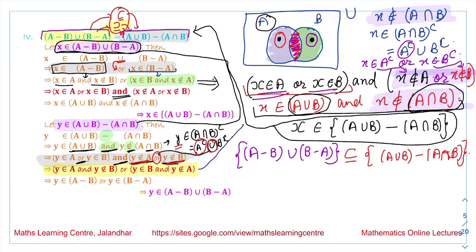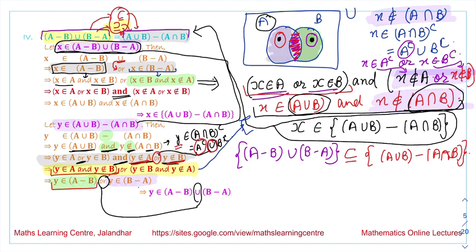This explanation is given over here. So we can write this result as Y belongs to A and Y does not belong to B, meaning Y belongs to A minus B, or Y belongs to B minus A. And we can write this OR as union.